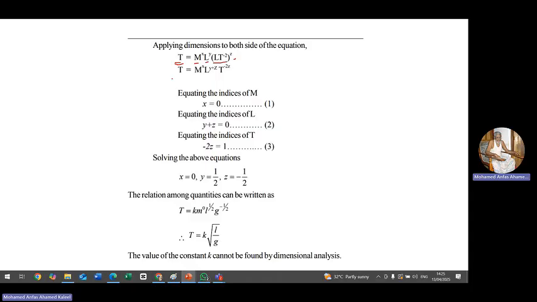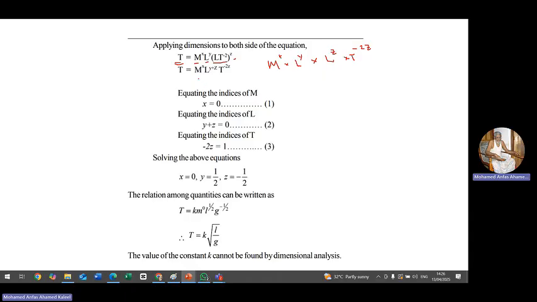So what we are doing now is writing M to the power X, L to the power Y, L to the power Z, and T to the power minus 2Z. We group these as M to the power X, L to the power Y plus Z, and T to the power minus 2Z.